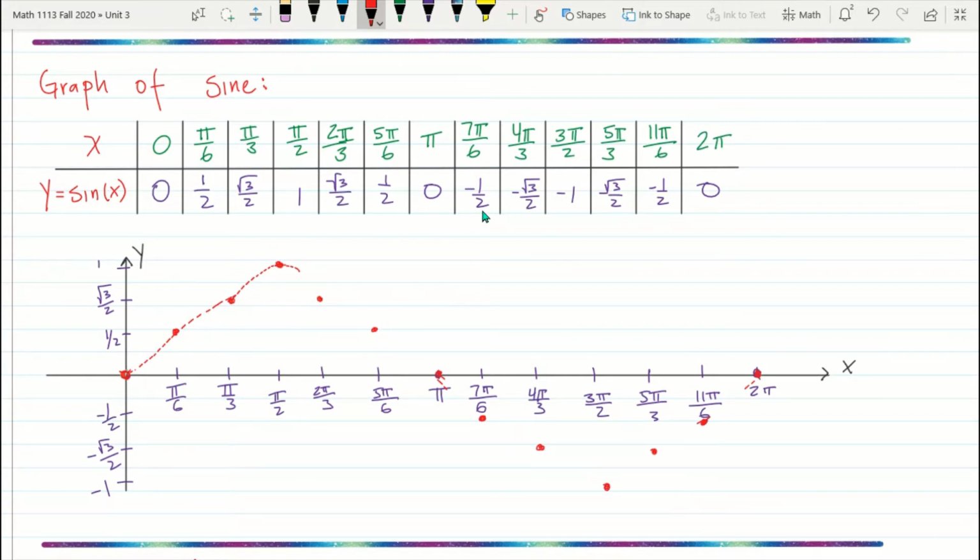Okay, so all we have to do is connect the points together and this is going to give us the shape of the function sine, and it's supposed to be a smooth curve, not so sharp like mine, obviously because it's by hand.